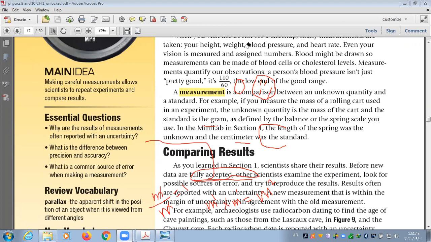Accuracy is when you do multiple experiments, and the answers are near not to each other but to the real or accepted value. Excellent.